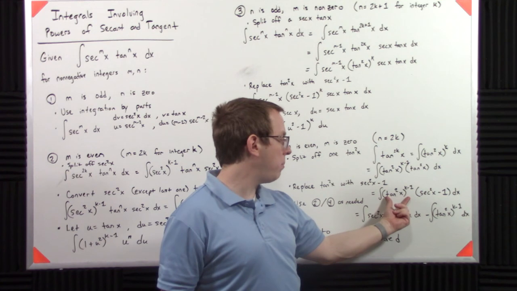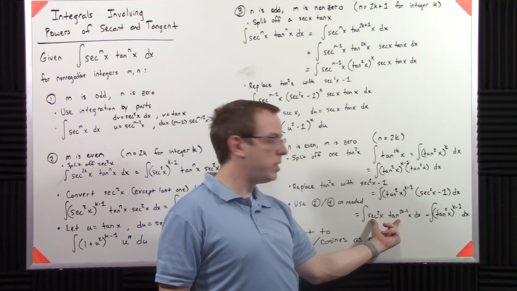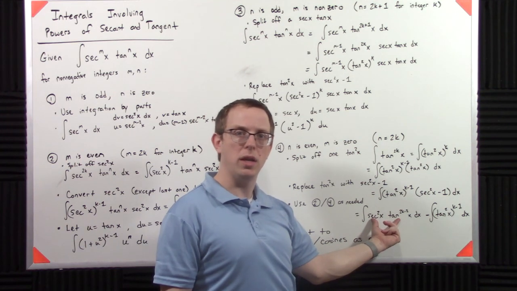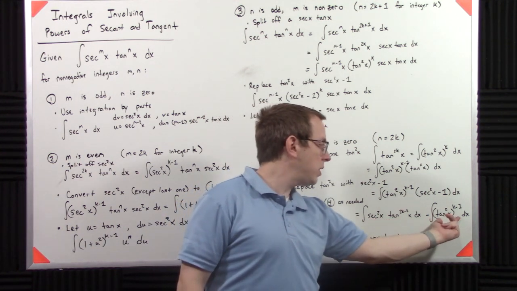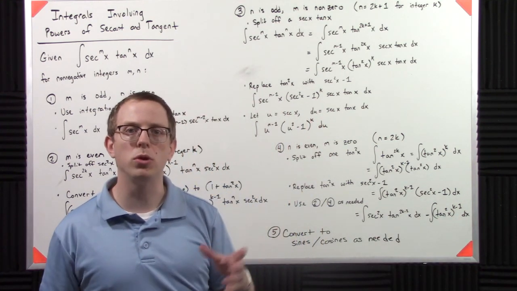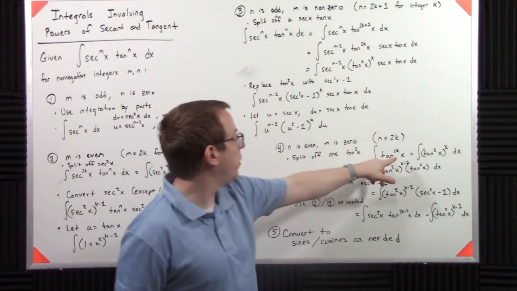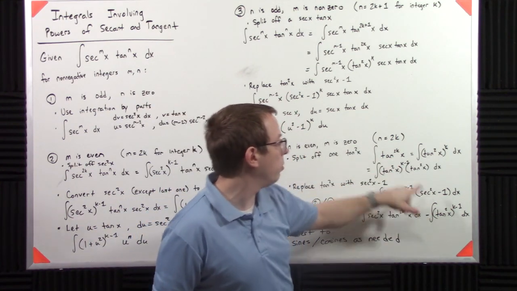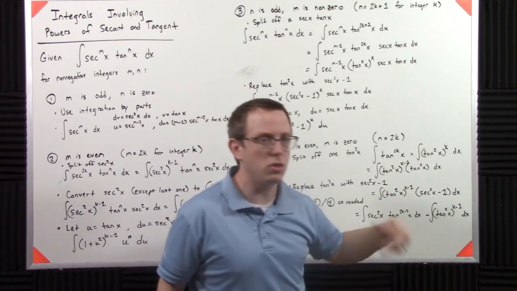So what ends up happening is I actually have to split this into 2 separate integrals. One where the secant squared x is built in, and I can just do a u sub and I'm done. But this one is now another tangent squared x to a power. So this is really just this case. Now there's a minus here, but it's the same case, but instead of a power of k, it's to the k minus 1.